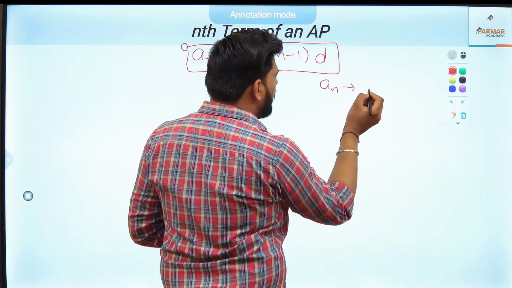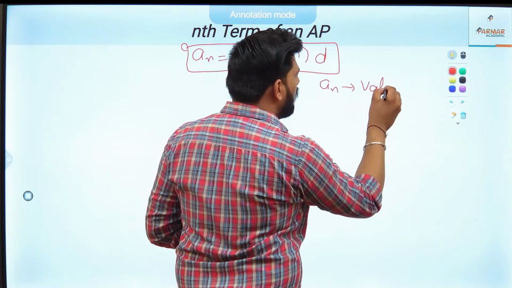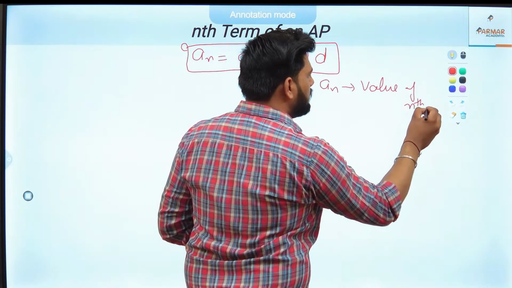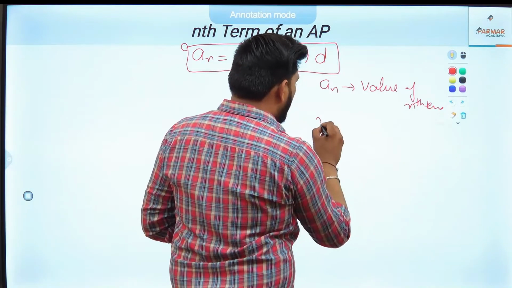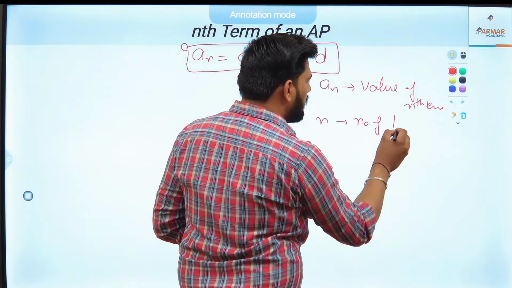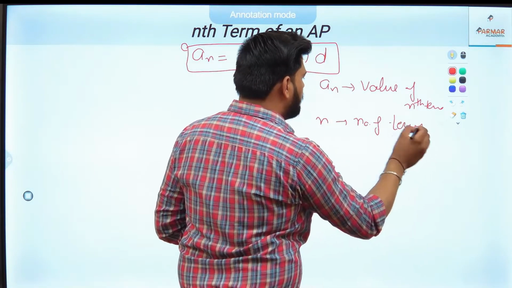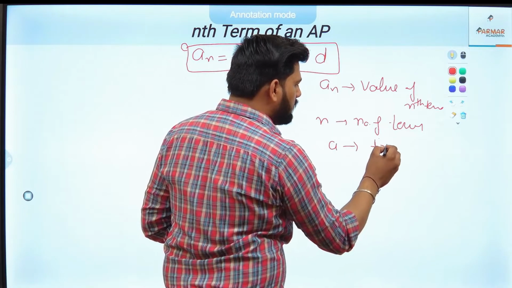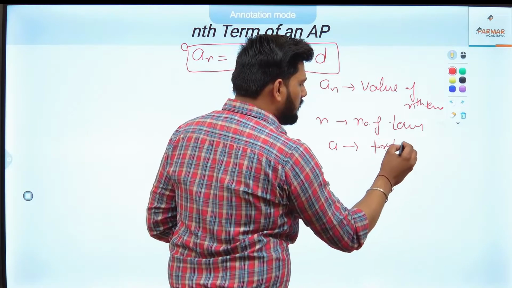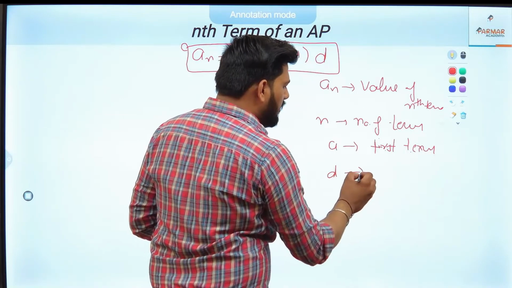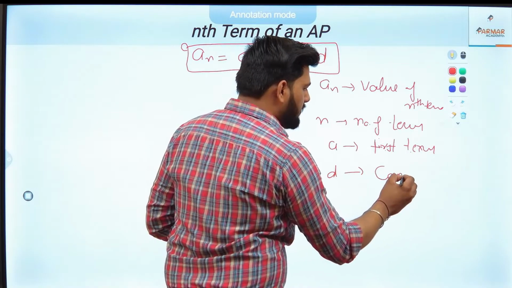An is the value of the nth term. N is the number of the term. A, as you know, is the first term. And D is the common difference.